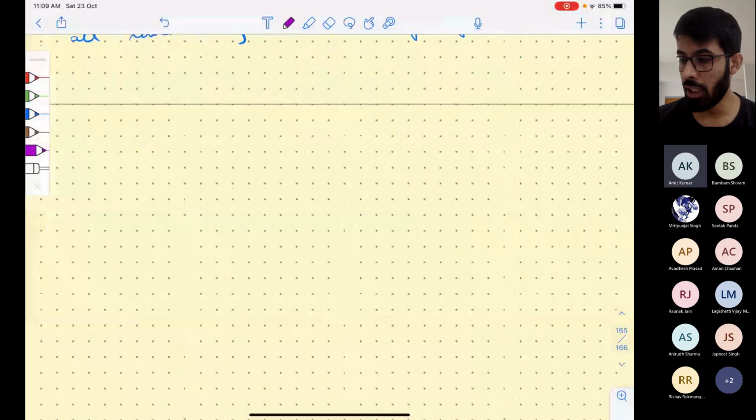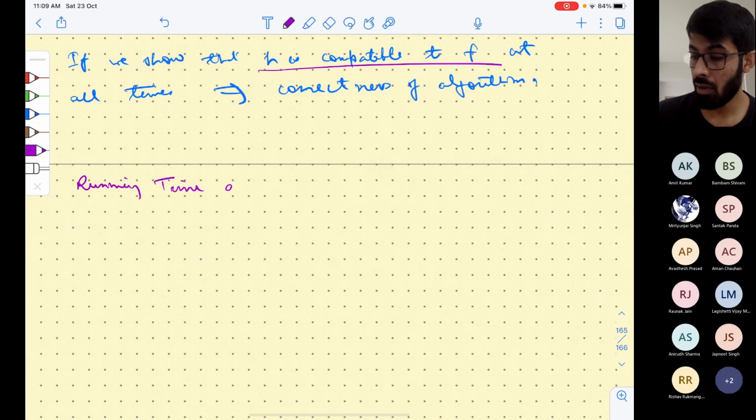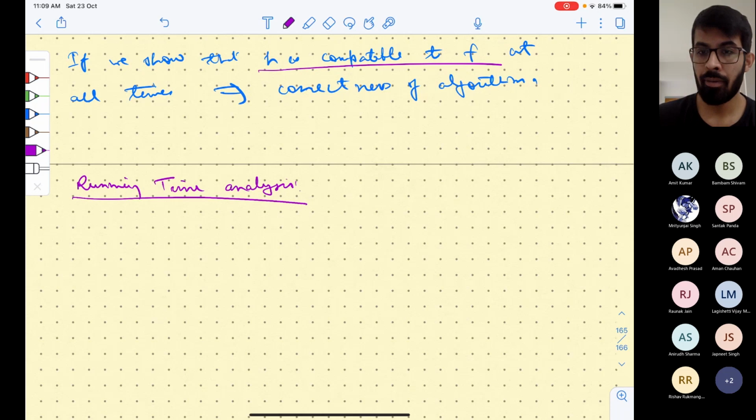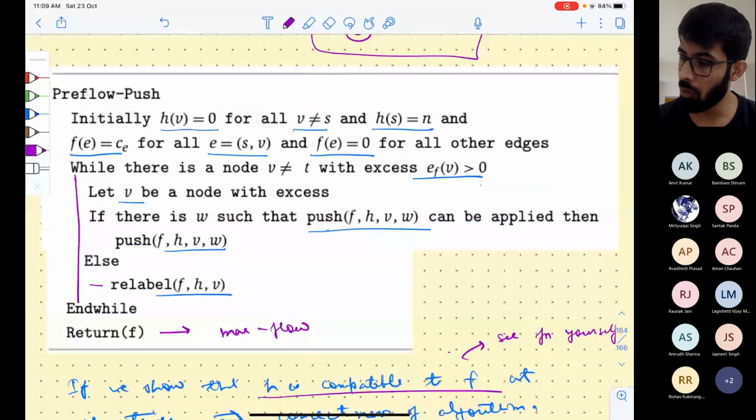So today we'll be doing the running time analysis. Correctness we had done already. Now the question is how many push and relabel operations there will be, because that is what we do here.